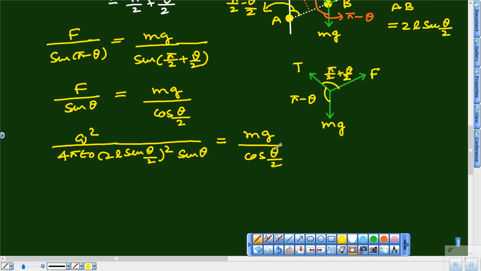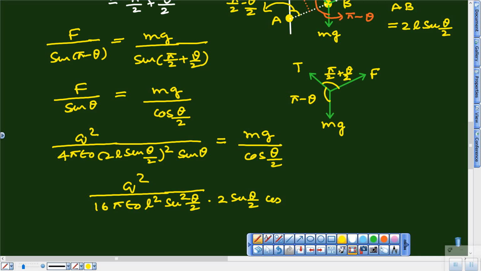So one cos theta by 2 will get cancelled off, and I finally get Q square upon 16 pi epsilon naught L square into sine square theta by 2 into 2 sine theta by 2 into cos theta by 2, as I have broken into half angle, is going to be equal to mg upon cos theta by 2.